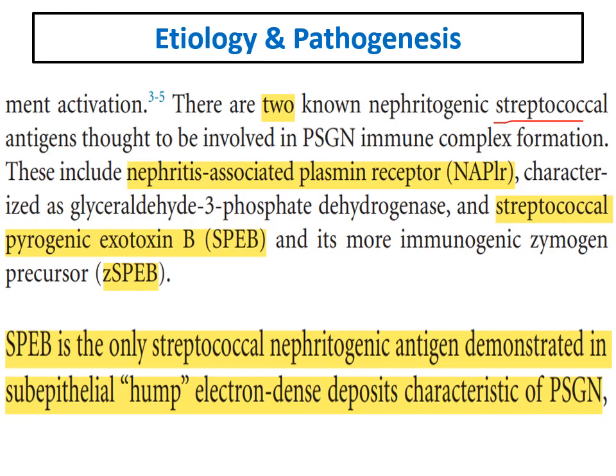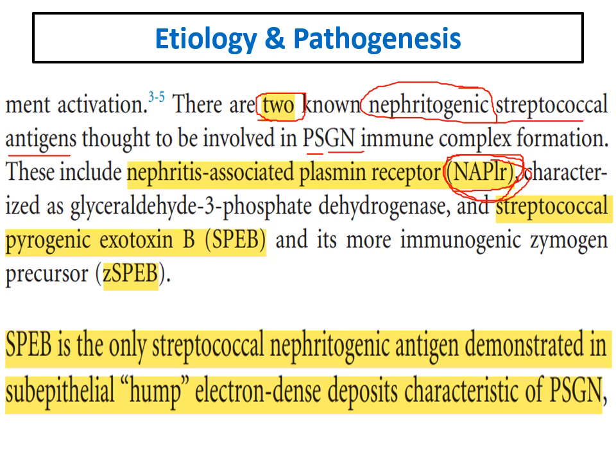There are many streptococcal antigens, but the most important for us are the nephrogenic antigens, which are involved in the pathogenesis of glomerulonephritis following streptococcal infections. We have 2 important nephrogenic streptococcal antigens, which are very important to know.